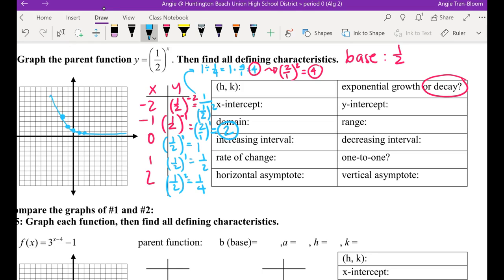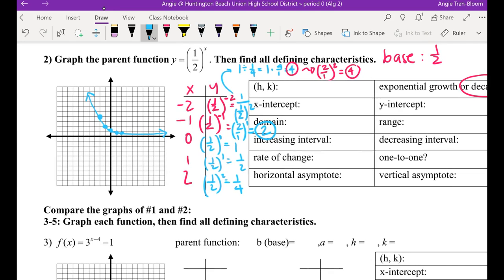That's why this is called a decay. Do you think we have an asymptote? What kind? Yep. Okay, so go in and make these dashed or dotted lines. So I'm going to write y equals 0. That's a horizontal asymptote. H and k is going to be 0, 0 because we didn't translate anywhere.